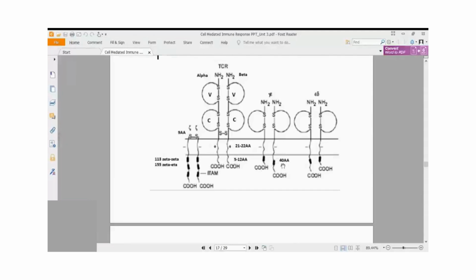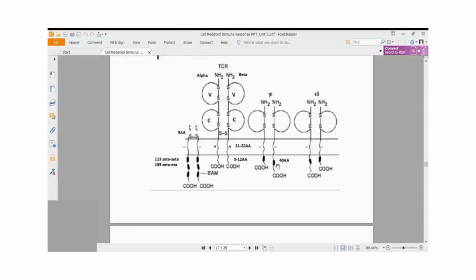In addition, there is a specific region in the cytoplasmic COOH domain of the CD3 receptors consisting of a single amino acid residue, which is called ITAM.